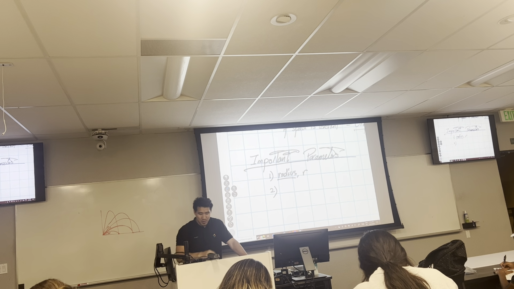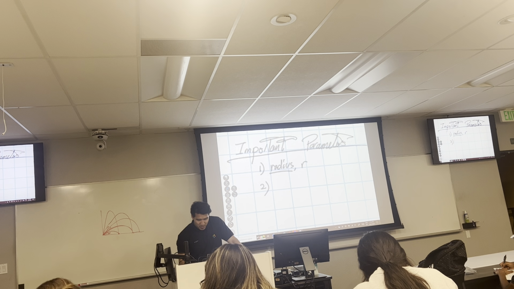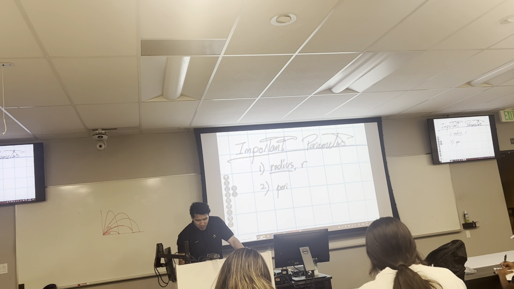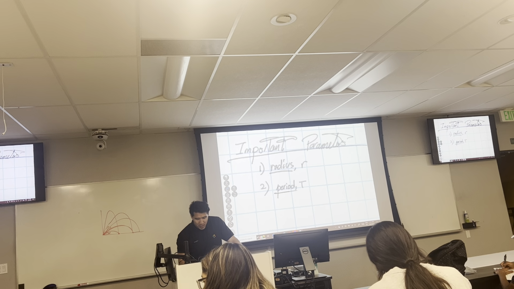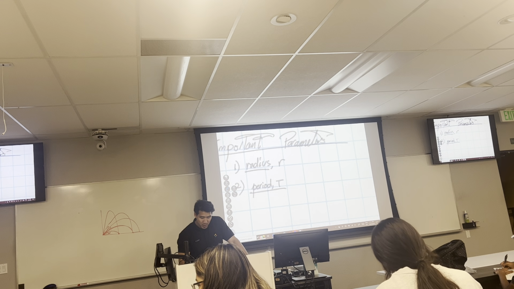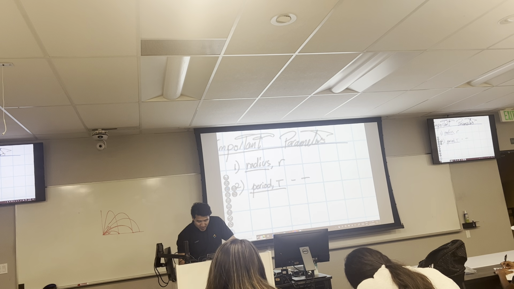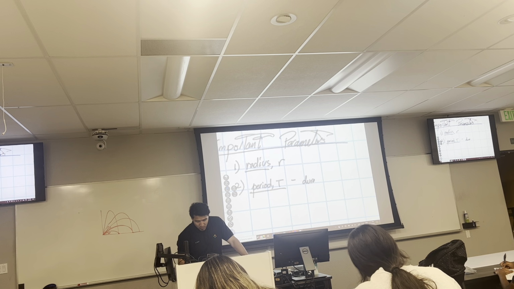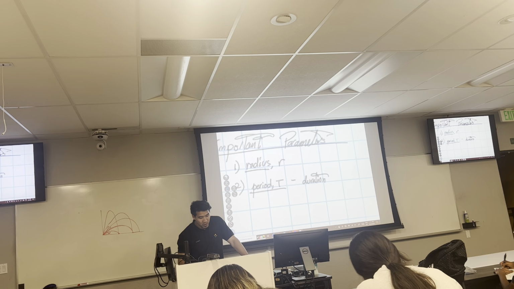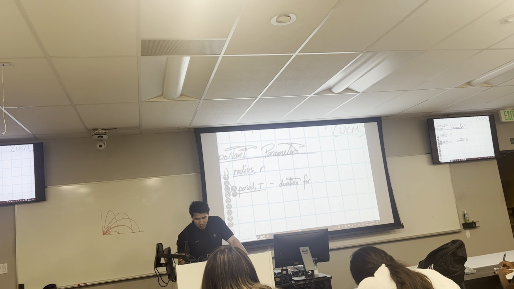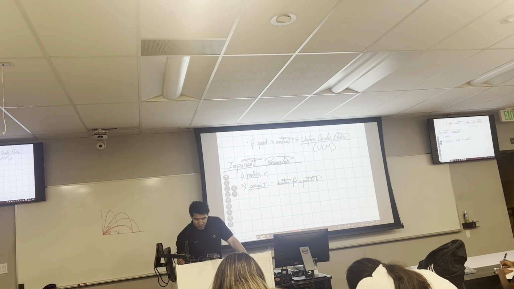The second one is what is called the period, T. This is the duration for a particle to complete one revolution.